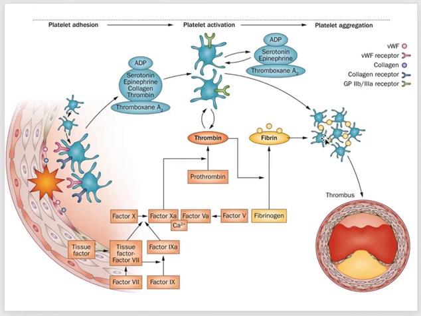Now, how is fibrin formed? Simply, fibrinogen is converted to fibrin, and of course different enzymes are also involved.